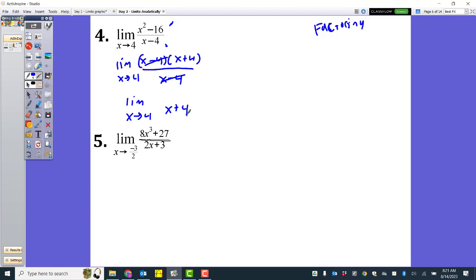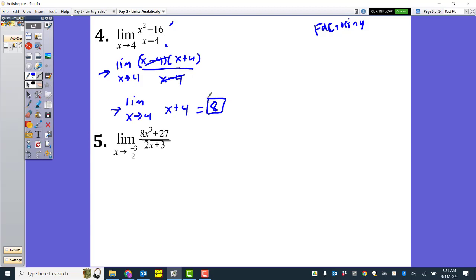At this point, it has canceled so that we can plug in 4. If we tried to plug in 4 before we cancel, we'd still get 0 over 0. But now, if we plug in 4, we don't have any zeros in the denominator or any 0 over 0. So we end up with 4 plus 4, which is 8. Okay, so that's process 2.